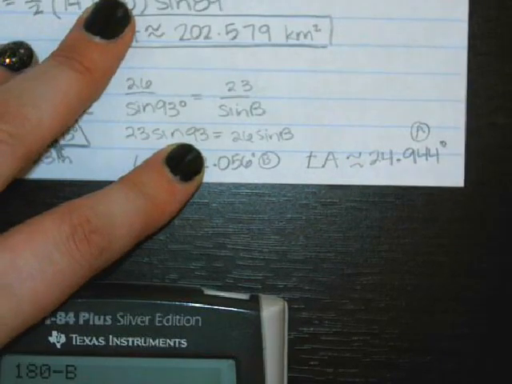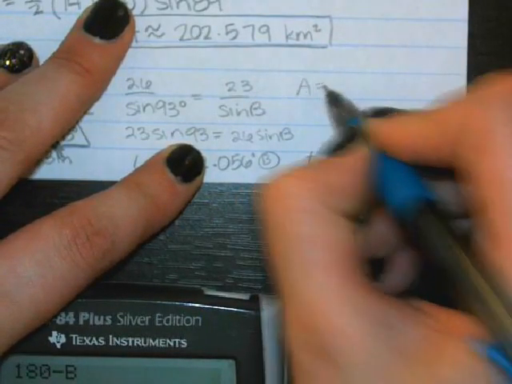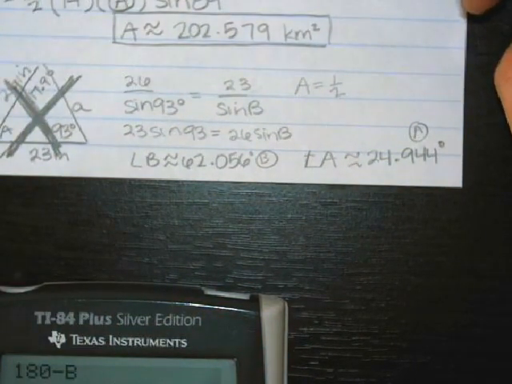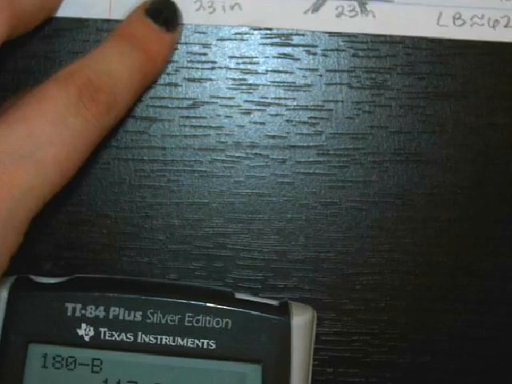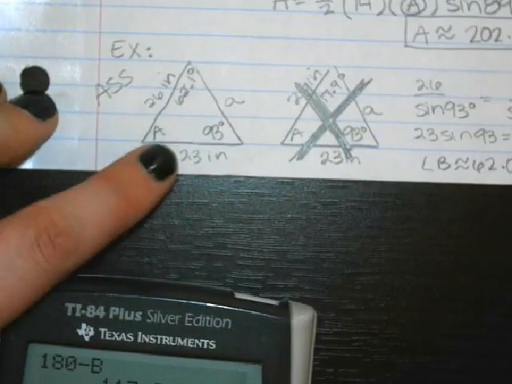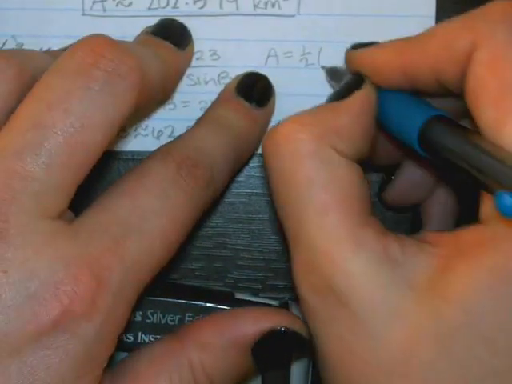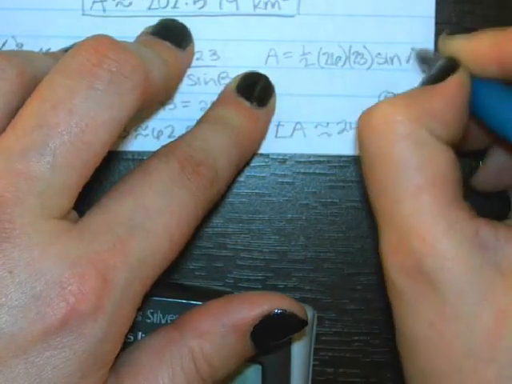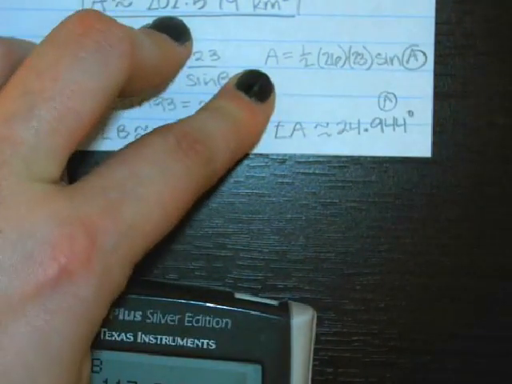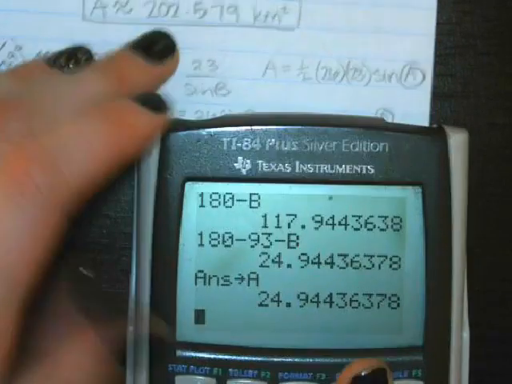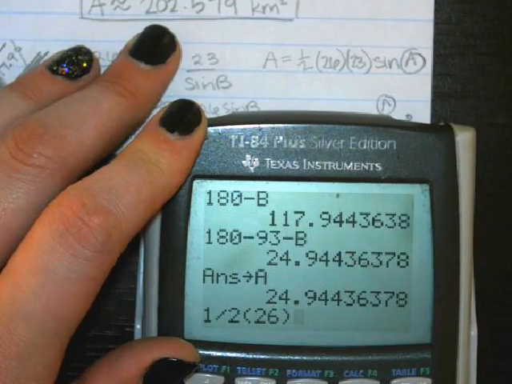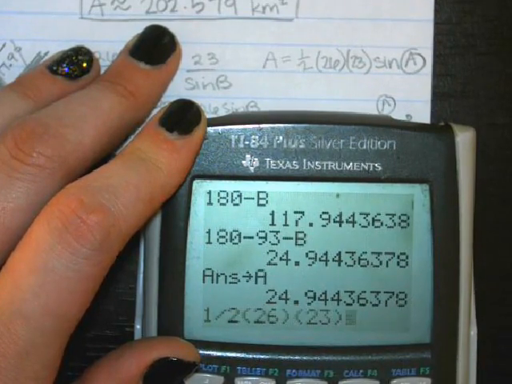Okay. So that means that for this problem, area equals 1/2. And what were the lengths of the two sides on either side of A? 26 and 23, right? So I'm going to say that my area is 1/2 times 26 times 23 times sine of angle A, which I have stored on my calculator.